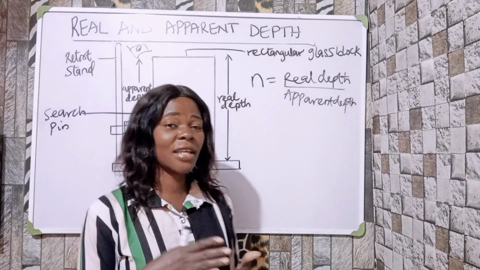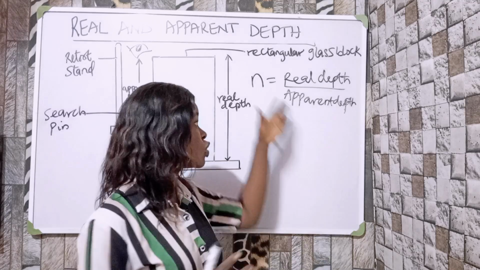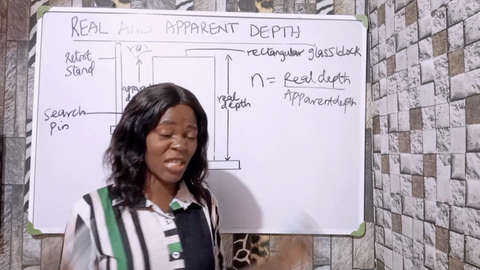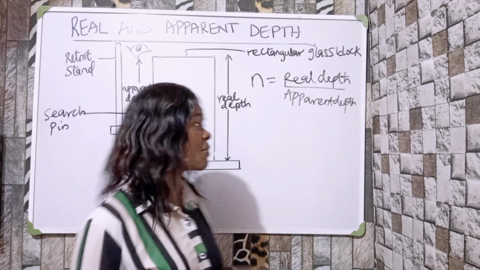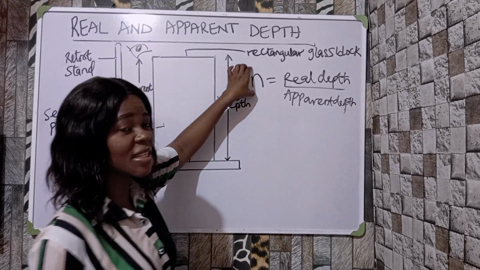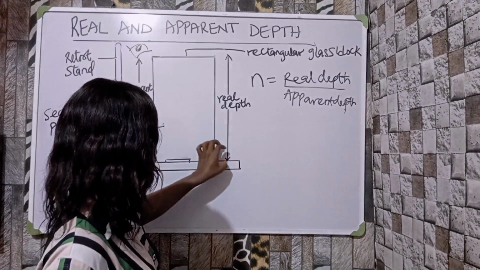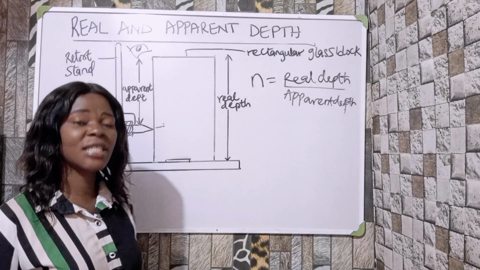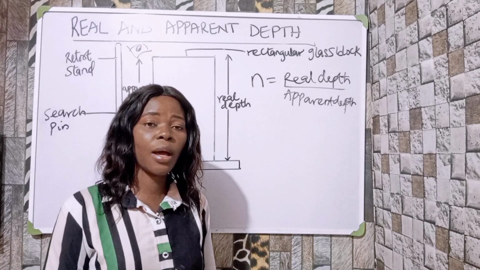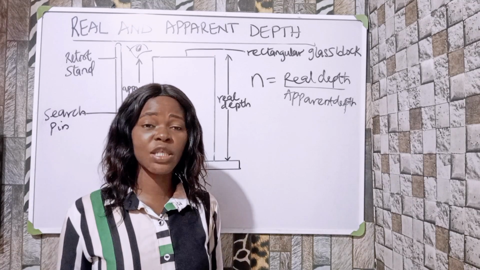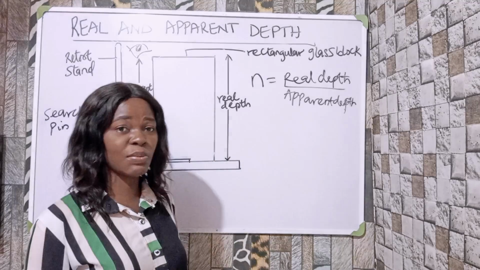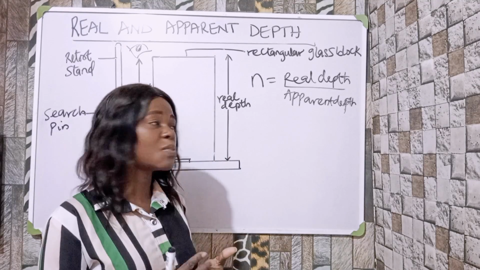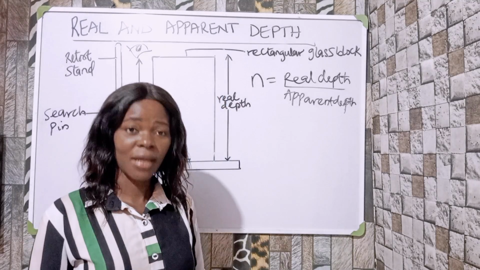Now we can also decide to find our lateral displacement, or we want to know how far this object was displaced. How can we do that? Knowing that the refractive index n is real depth from here to here divided by the apparent depth from here to here, we can actually get the lateral displacement, or the actual displacement by which this object has been displaced. We're actually looking at the difference between the real depth and the what? Apparent depth.